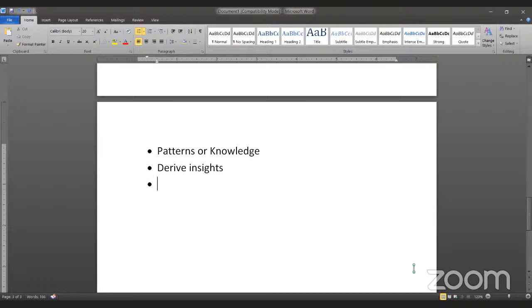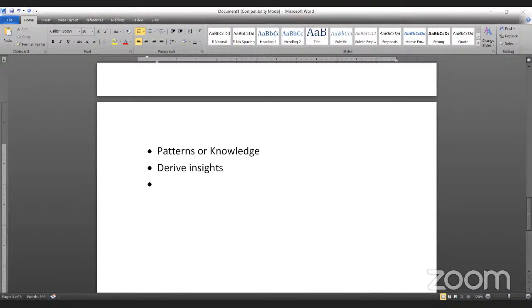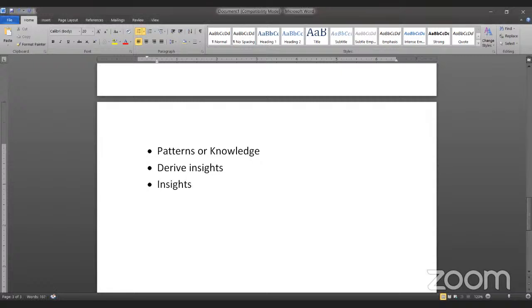And these insights are used in a broad range of application domains.